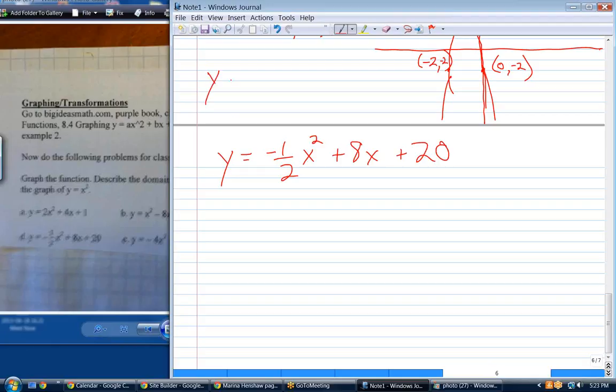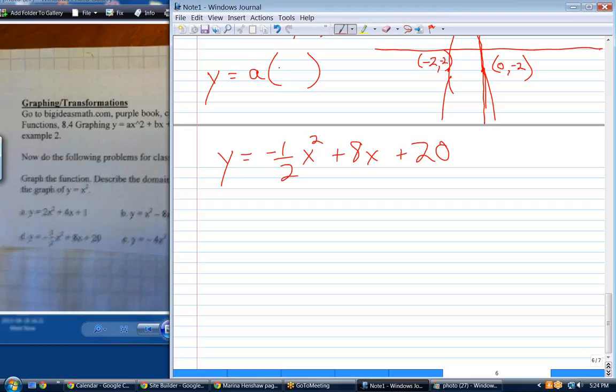Okay. What's my general vertex format? What's the general vertex form that we're trying to get this equation into?